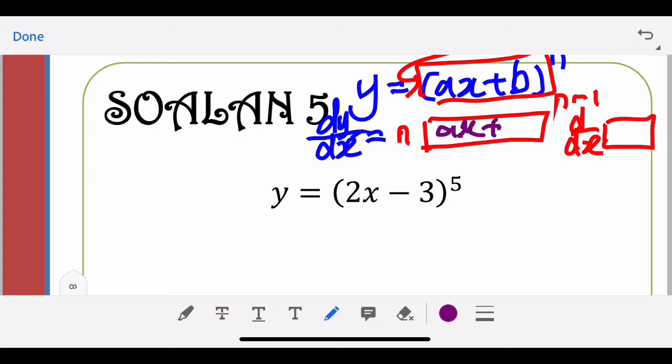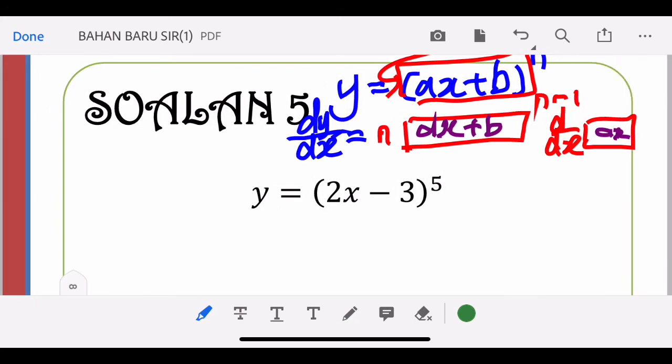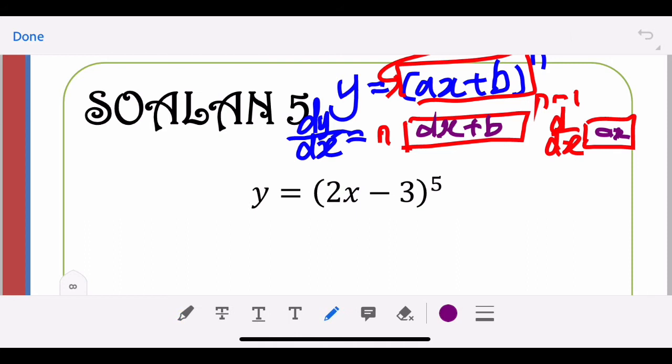So the rectangle is ax plus b, and you have to differentiate the ax plus b. Of course, when you differentiate ax plus b, you get a, so the formula becomes very short. It becomes dy/dx equal to a times n times (ax plus b) to the power n minus 1.